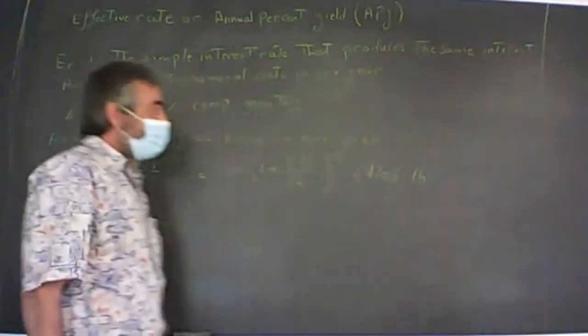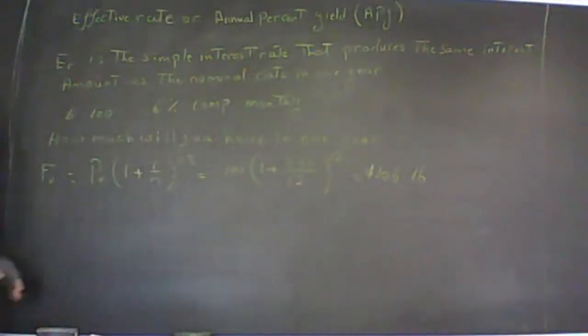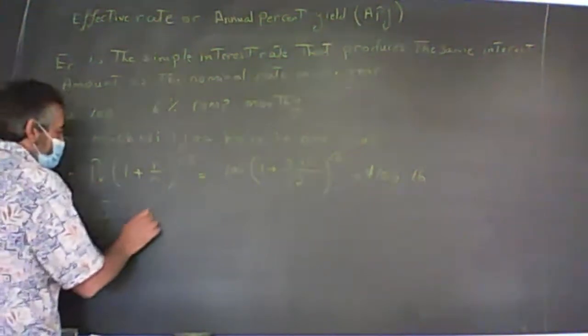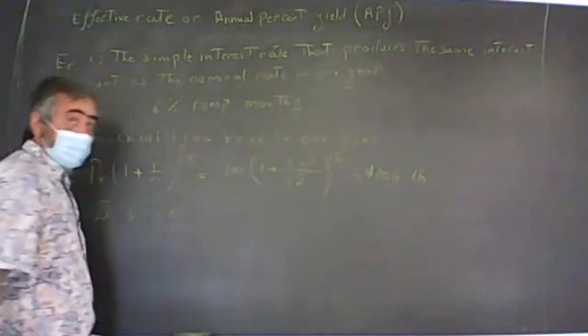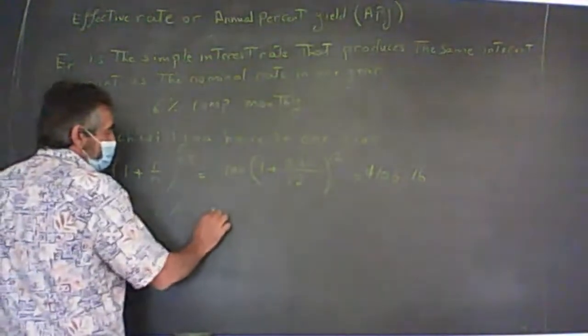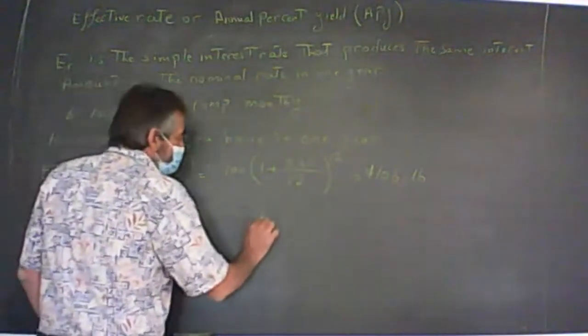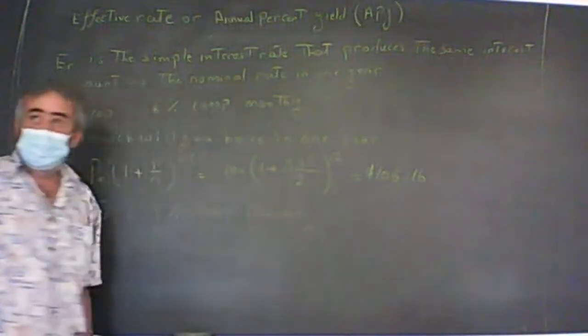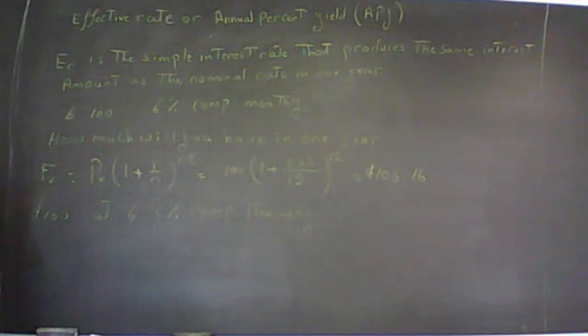Yeah? So I can say, if I take the same $100 and deposit it at, say, 6.16%, but now compounded annually, after 1 year, I'll have exactly the same amount.